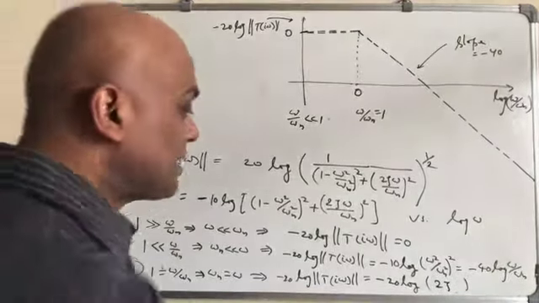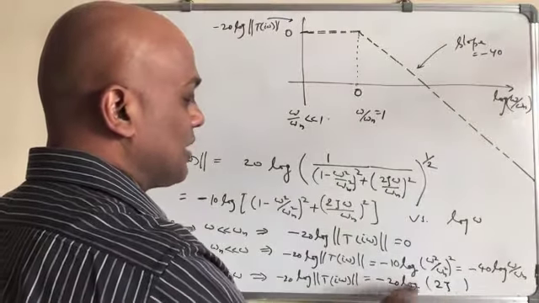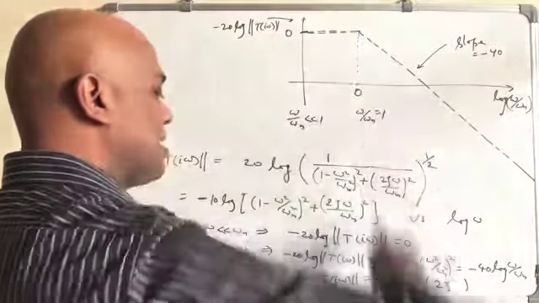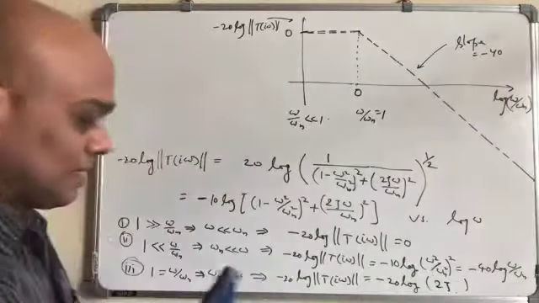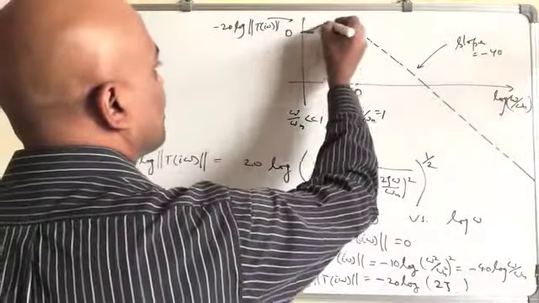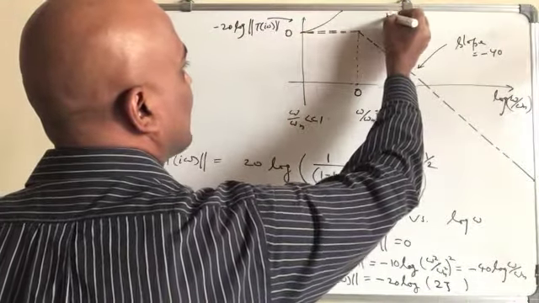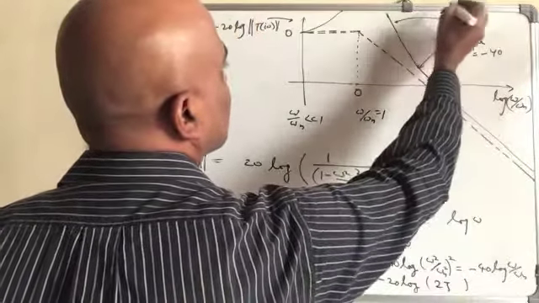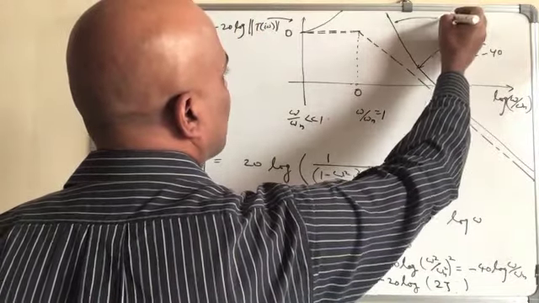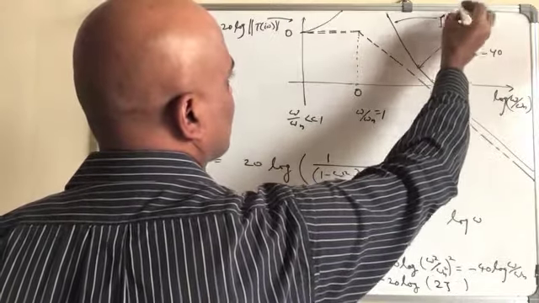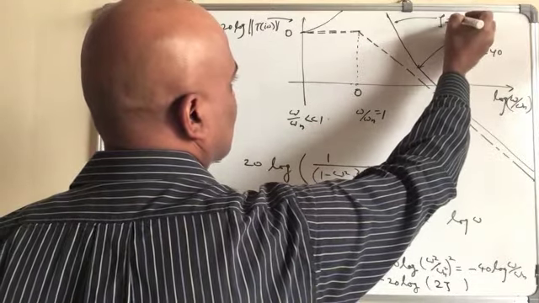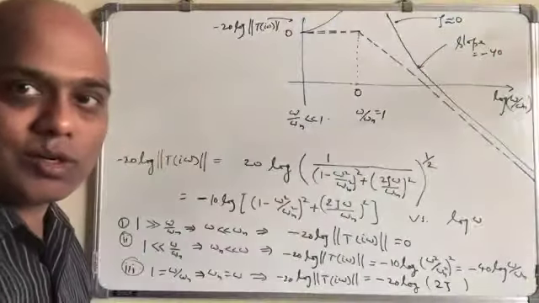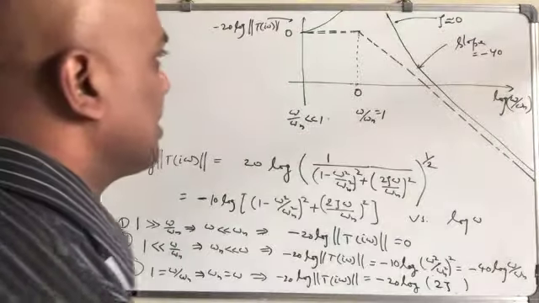So for example, if zeta equals 0, what you see is minus 20 log 0, and log 0 is minus infinity, so you have infinity there. In that case it will go very much up, and from here it is going to go down. This is for zeta close to 0; it will be very high. That is resonance.